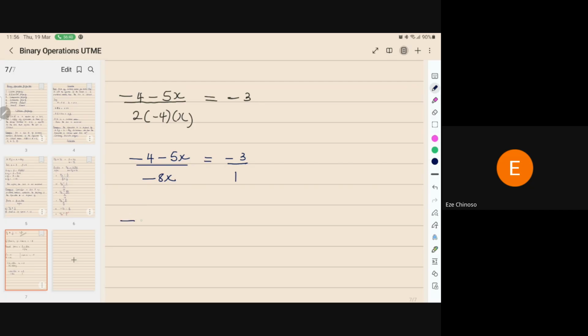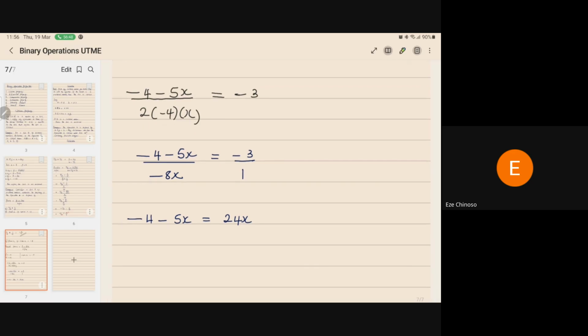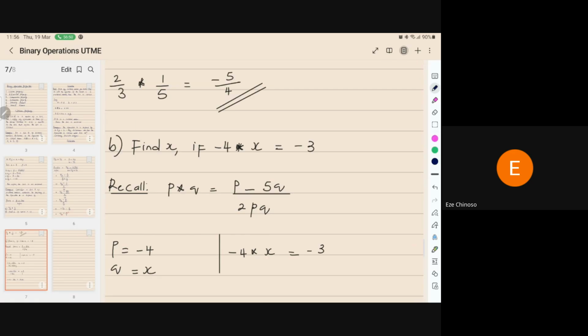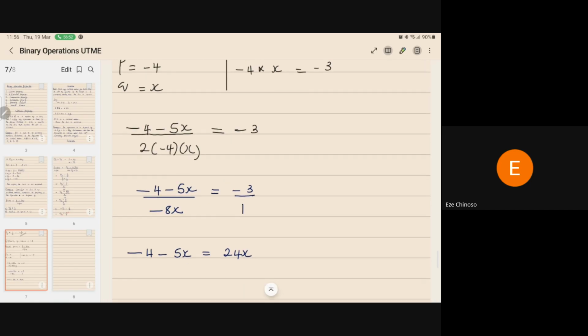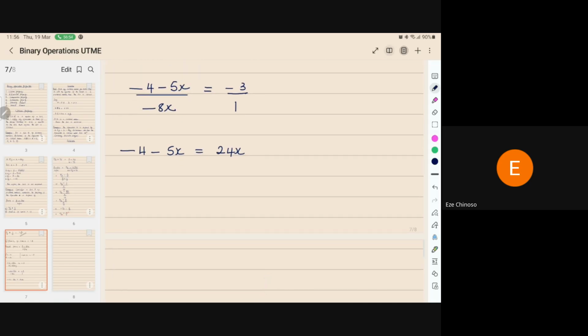So I have -4 minus 5X is equal to 24X. Now let's collect like terms. I have -4 is equal to 24X plus 5X. So -4 is equal to 29X.